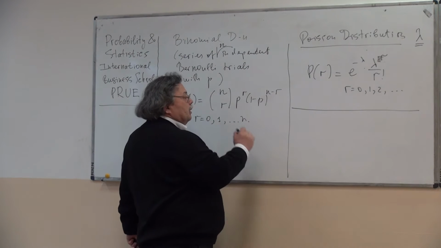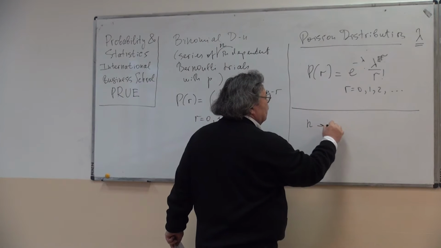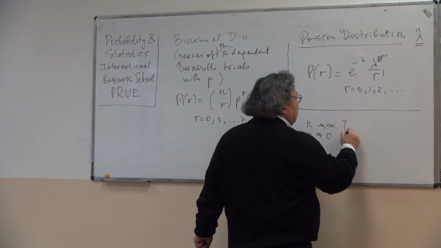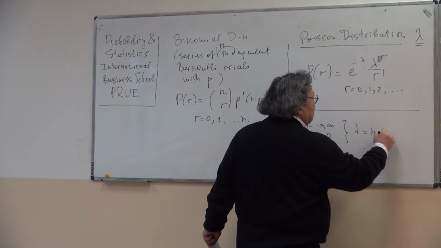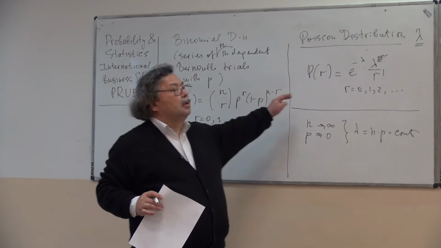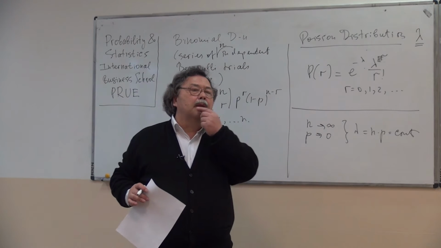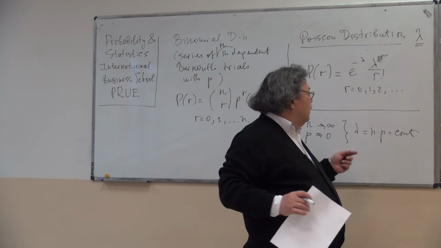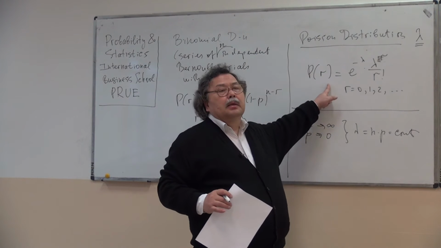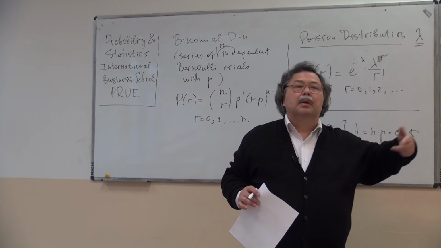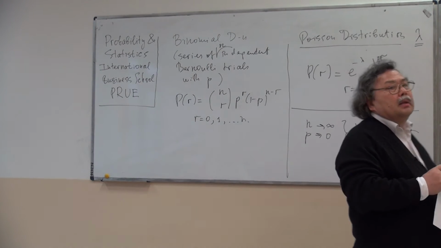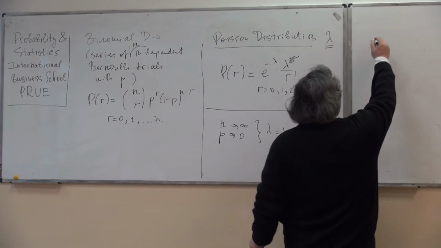So if the number of trials here approaches infinity and P approaches 0, so that lambda, that is n times P, is kept constant, this kind of distribution approaches this kind of distribution. Which means that if n is large and P is small, we can expect that the Poisson distribution should be a good approximation to the binomial distribution. Let's discuss an example of this.